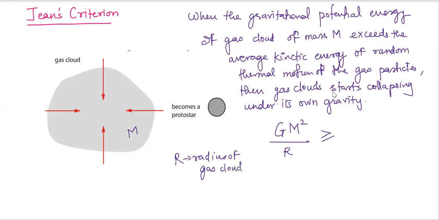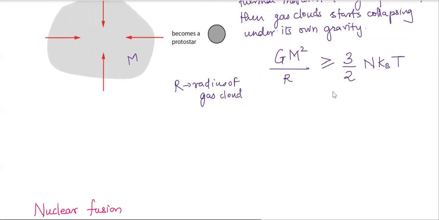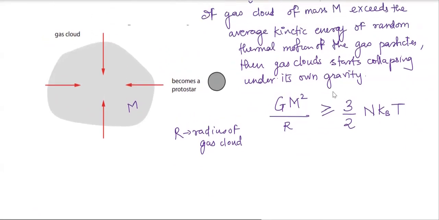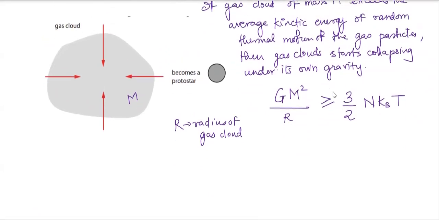It should exceed the average kinetic energy, which is 3/2 N k_B T, where N is the number of gas molecules and T is the temperature. So we can use this formula to determine whether the gas cloud will convert into a star or not.